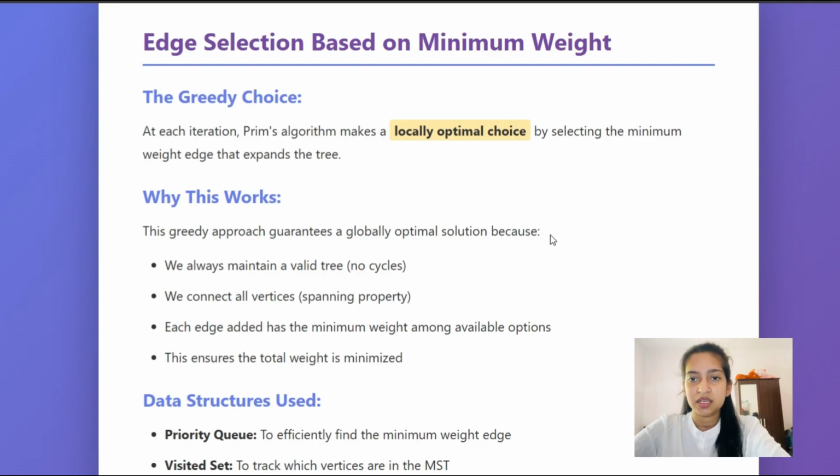From an implementation perspective, we typically use three key data structures: a priority queue, a visited set, and an edge list.